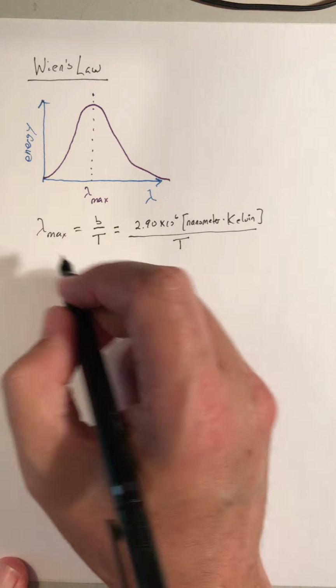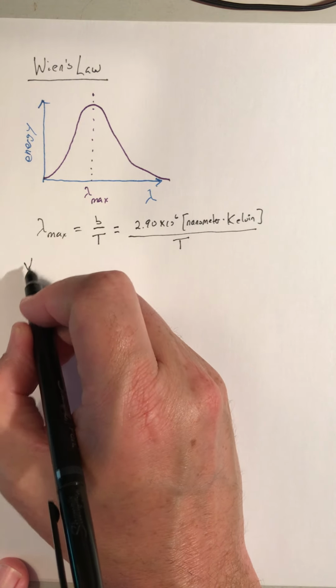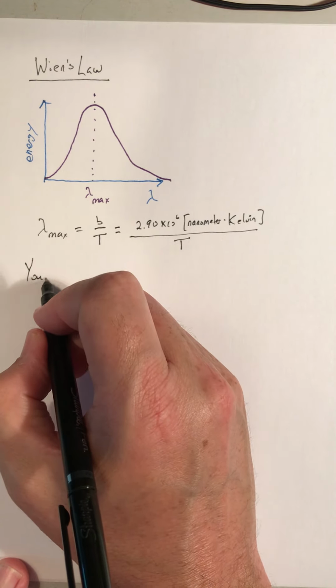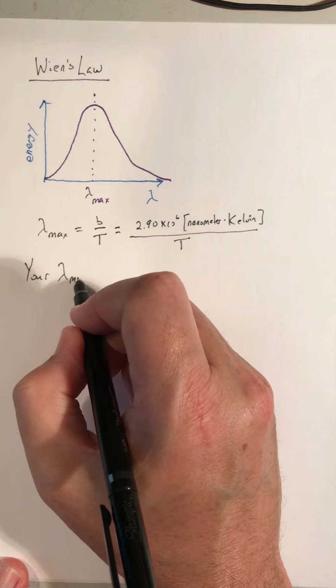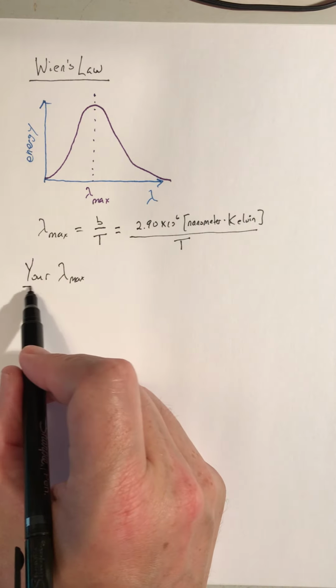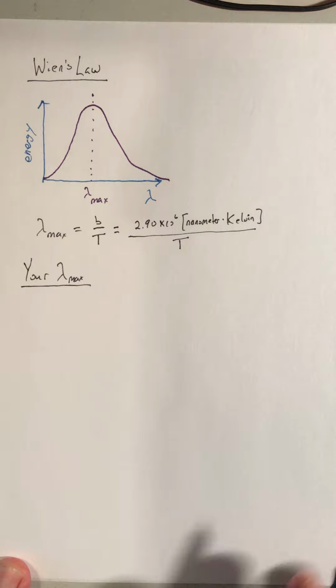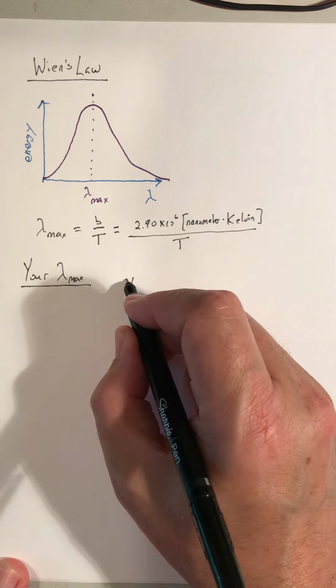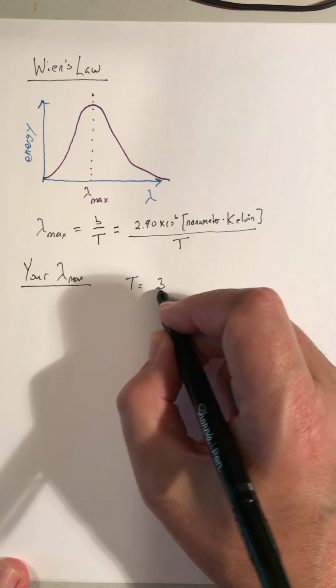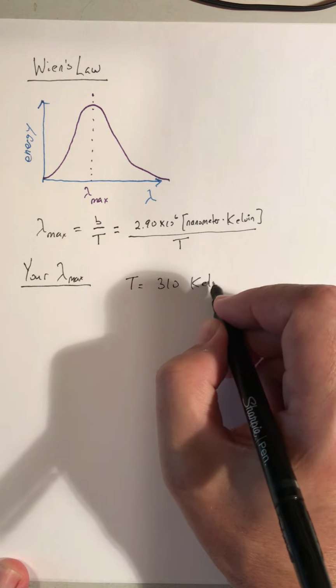So let's try a couple examples. Where do you peak as a thermal radiator? Your temperature is about 310 Kelvin.